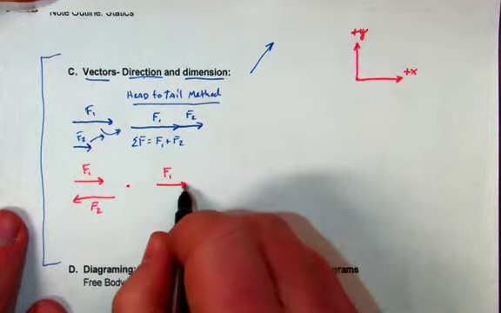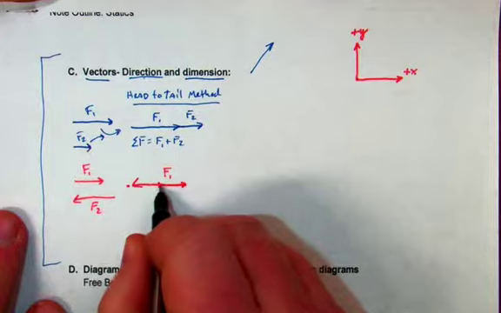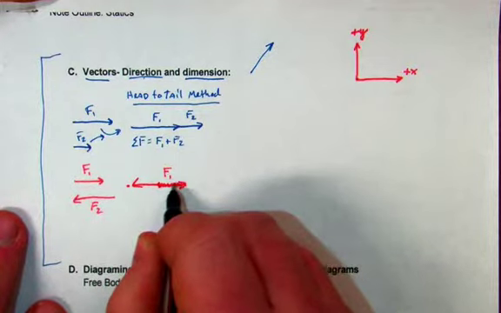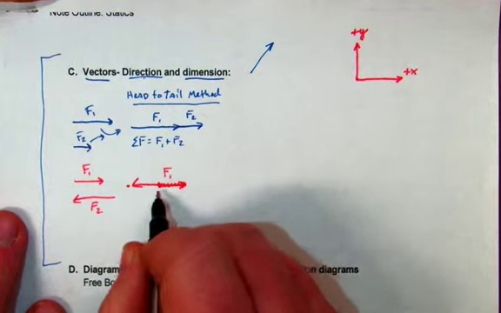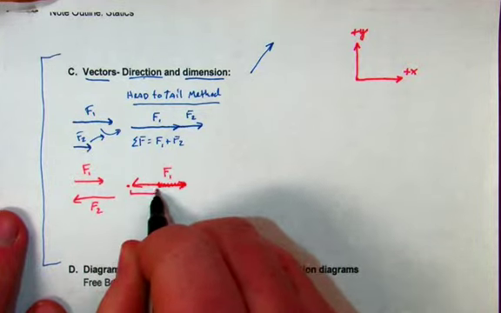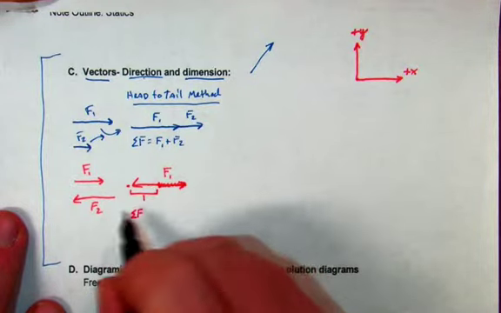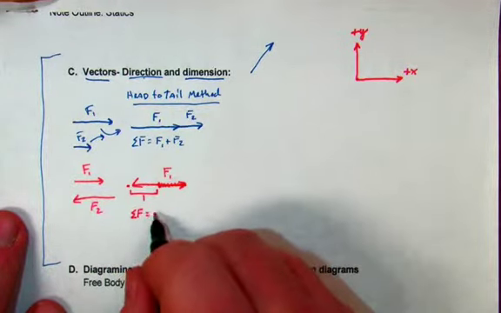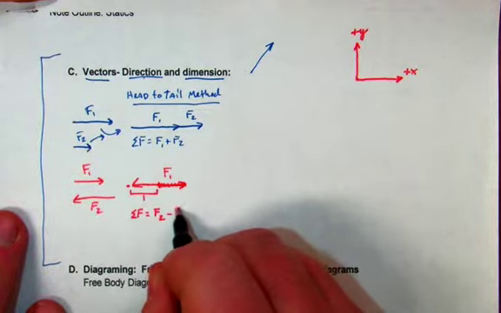So you can see I would start over here, and I would draw back this way. Okay? So here's F1. Here's F2 going back this way. And you see that this section right here, they cancel each other out. And that is what is left over. Okay? So that is my net force, and in this case, you can see that what you would do mathematically for the magnitude, you would take F2 minus F1.